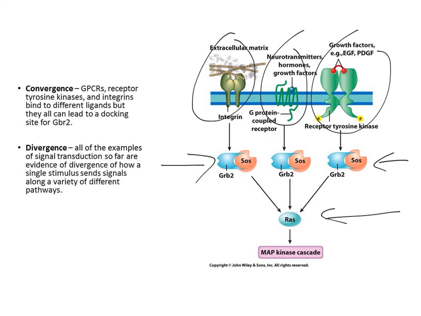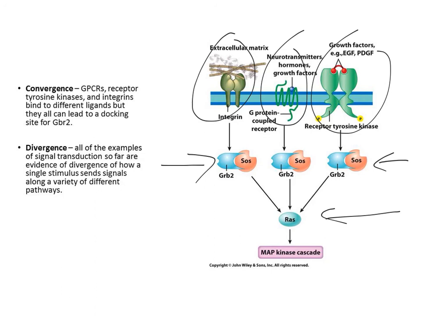And an example of divergence is when we have different receptor pathways that have different target proteins that they activate, with different end responses for these different signal pathways. Keep in mind, this is trying to describe the higher complexity of signal pathways, that they aren't simply a single pathway activating just one target. Oftentimes these different pathways can converge, they can diverge, or there can be crosstalk between them.